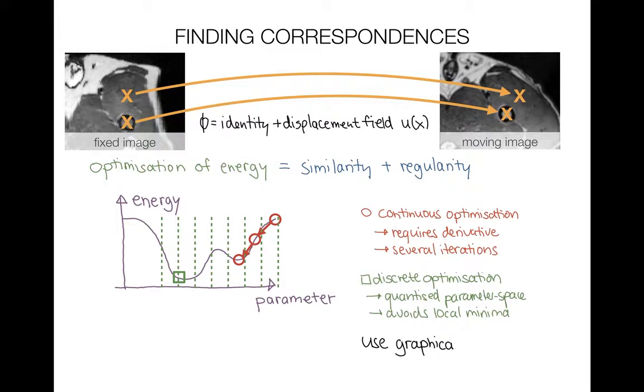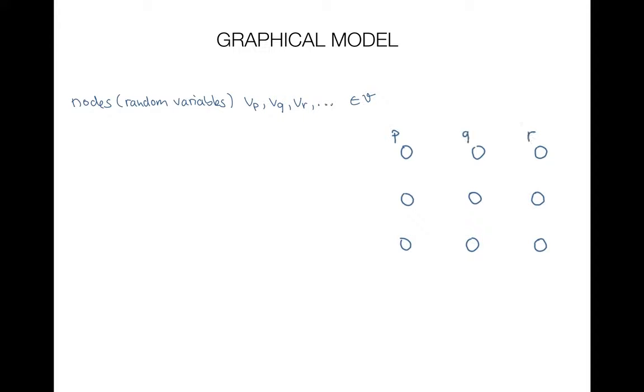Discrete optimization can be performed using graphical models, such as Markov random fields. A graphical model consists of a number of nodes. In our case, they correspond to either voxels or control points. I've called them VP, VQ, and VR, and I'm plotting a couple of them here.